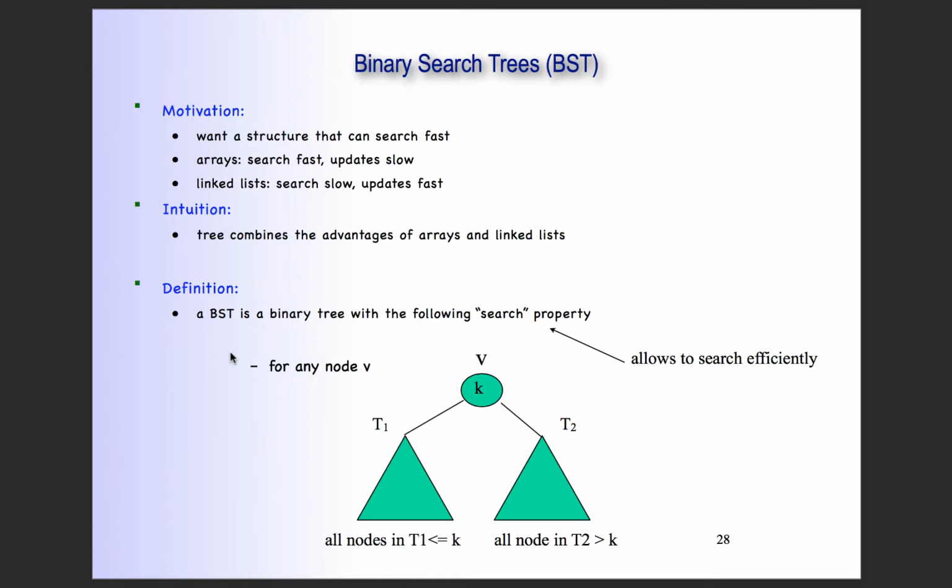A binary search tree provides a way that you can find data very efficiently, or in a faster way. These are the motivations, because we have some other data structures like arrays and linked lists, and they have some limitations. For example, searching data in arrays is fast if you know the index.